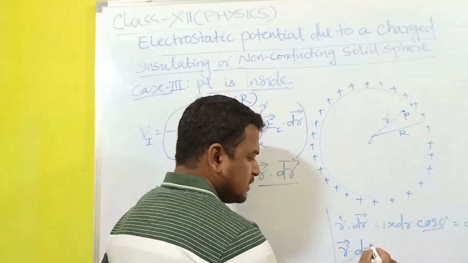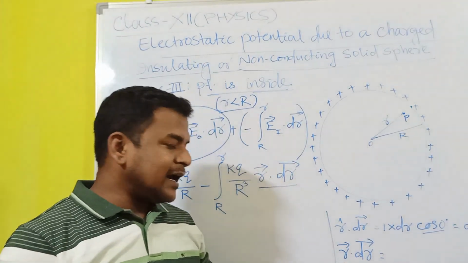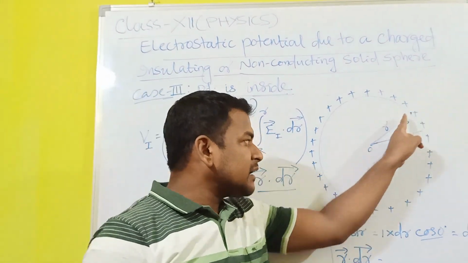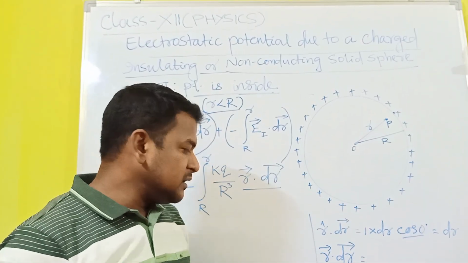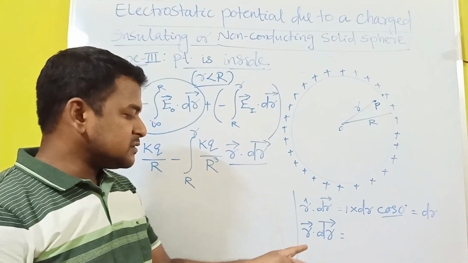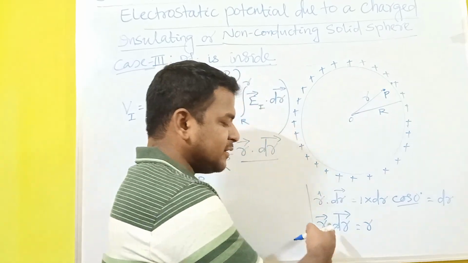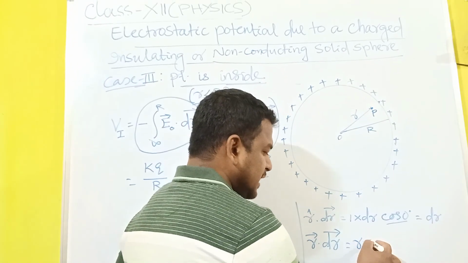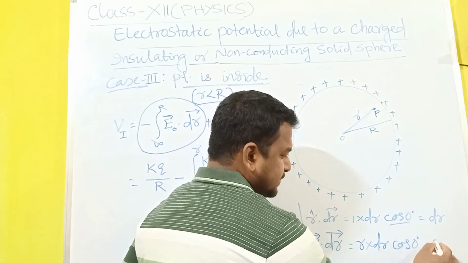R vector dot dr vector is how much? Both r vector and dr vector are acting along the same direction, so angle between them is 0 degree. Now A dot B equals AB cos theta. So here magnitude of r vector means r, magnitude of dr vector is dr, cos 0 degree.